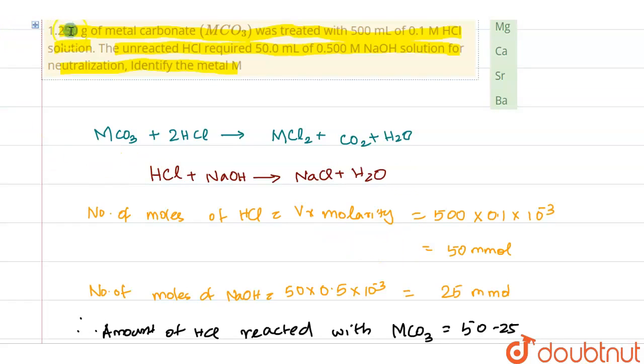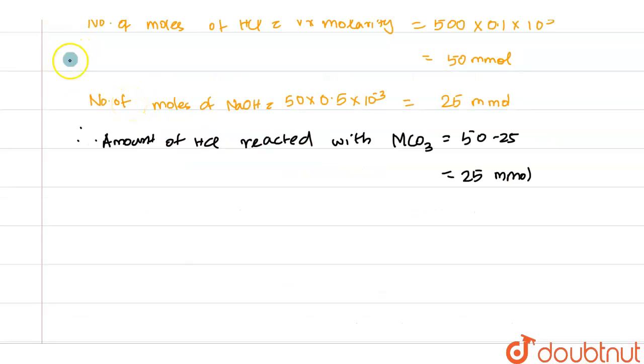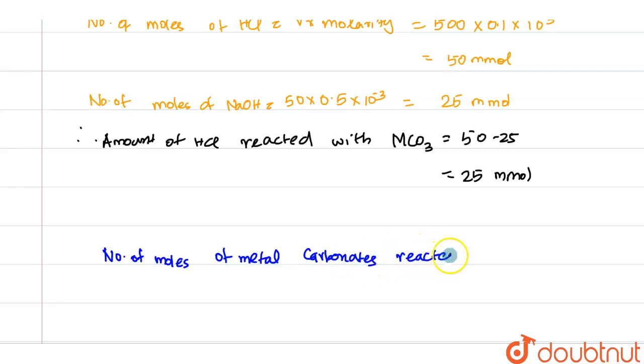We have been given 1.25 gram of metal carbonate that reacted with this. So we can see that the number of moles of metal carbonate reacted will be equal to 25 by 2, because one metal carbonate reacts with 2 equivalents of HCl.